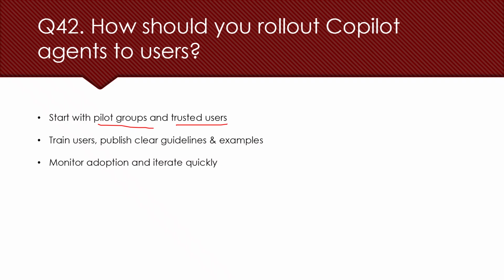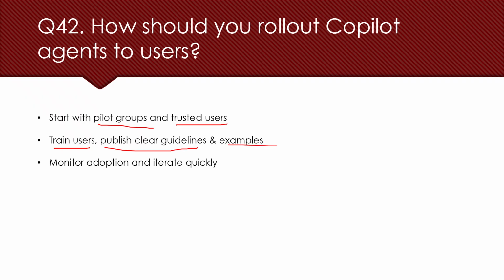You can also provide training materials to your users, like example prompts or a known list of capabilities, what a Copilot agent can perform, and also the limitations, what it is not able to do. Provide clear guidelines on what it can and can't do in terms of prompts, with examples as well.